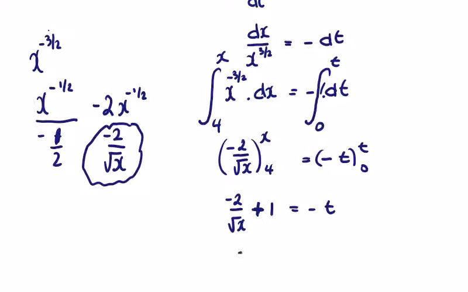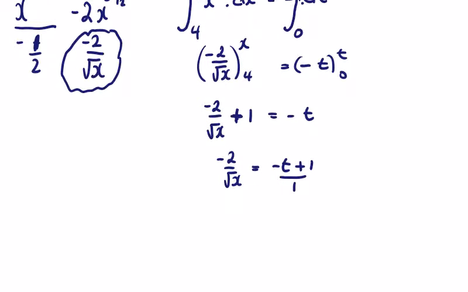So we're going to get minus 2 over root x is equal to minus t plus 1. That'll be over 1. So we'd have, if we invert them, minus root x over, we could put root x over minus 2 is equal to 1 over 1 minus t, maybe if we write it like that.